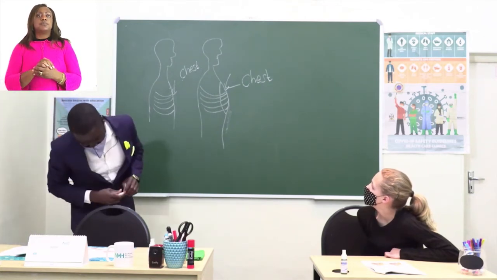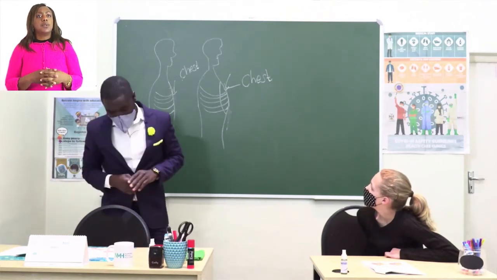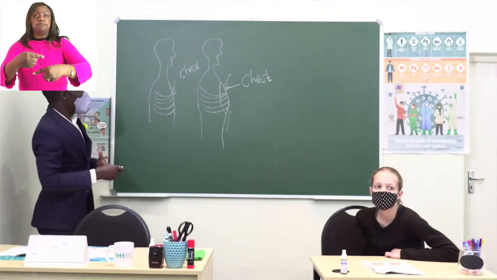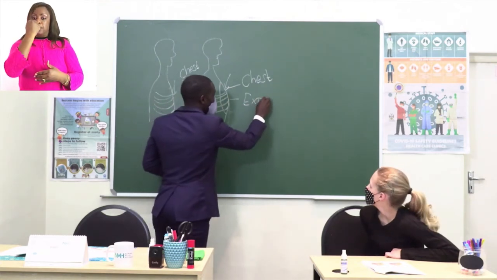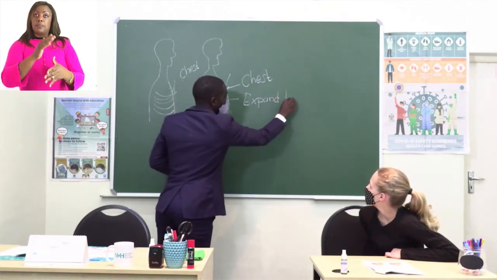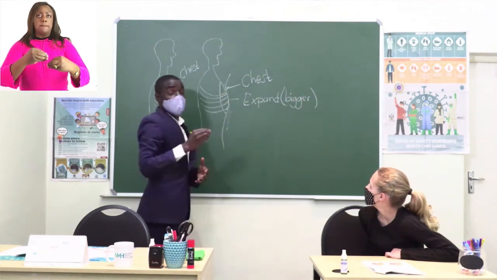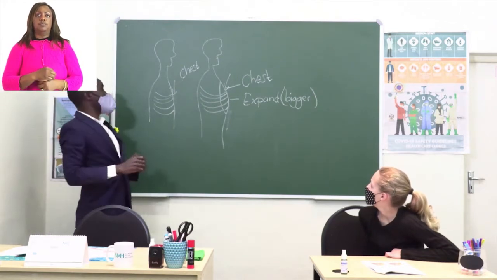We are starting with the inhaling process. In the inhaling process, our chest has to expand or become bigger. Then we have to ask ourselves a question, why should our chest become bigger when we're breathing in?